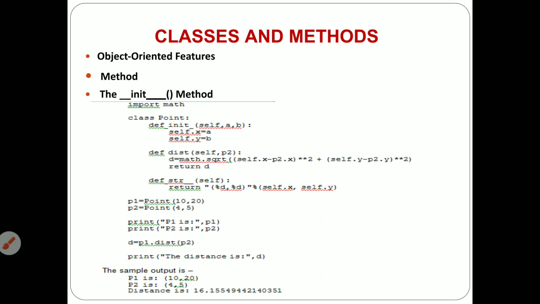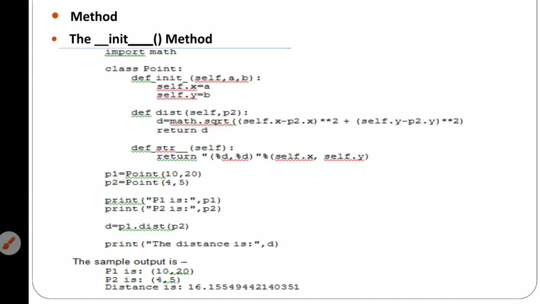Next, you can go through this program with the help of the initialization method. Keep in mind that if you use the initialization method in Python, the first argument must be self. Why use self here?